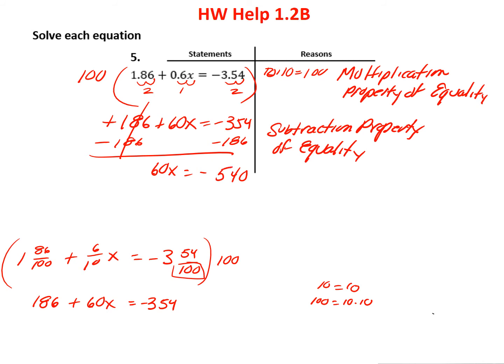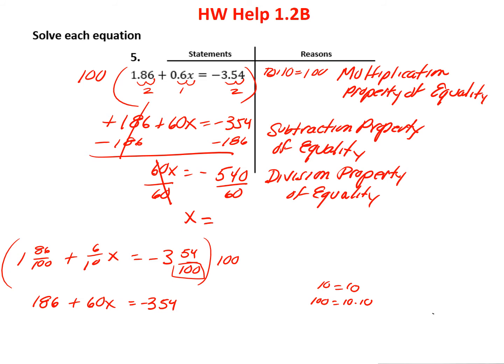Now we'll undo the 60 times x by dividing by 60, and this is the division property of equality. 60 divided by 60 is 1. So I'm left with x equals a negative, and 60 goes into 540 9 times. So my answer is x equals -9.